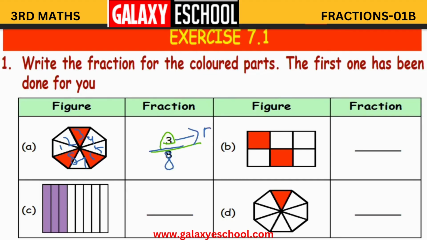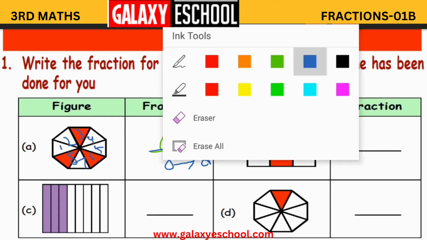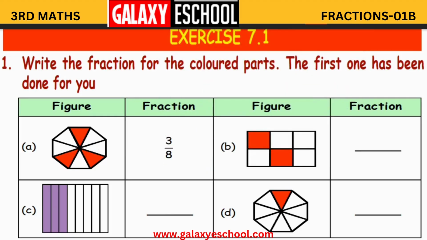3 becomes our numerator, 8 becomes our denominator. 3 is the total number of colored parts and 8 is the total number of parts into which it has been divided. Now if someone asks you to write the fraction for non-colored parts, what will you do?